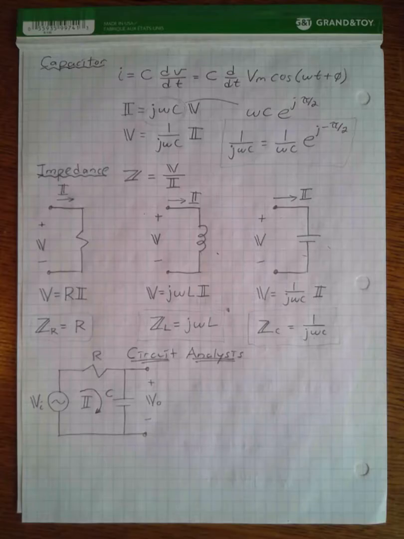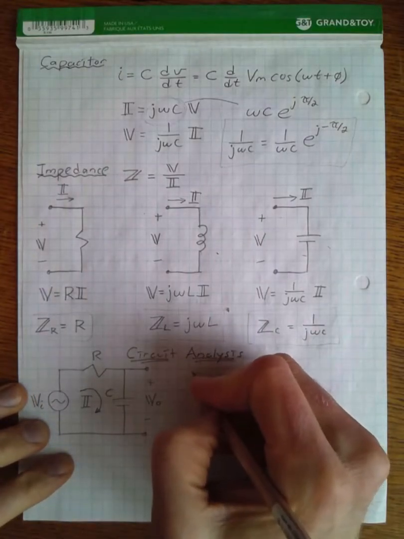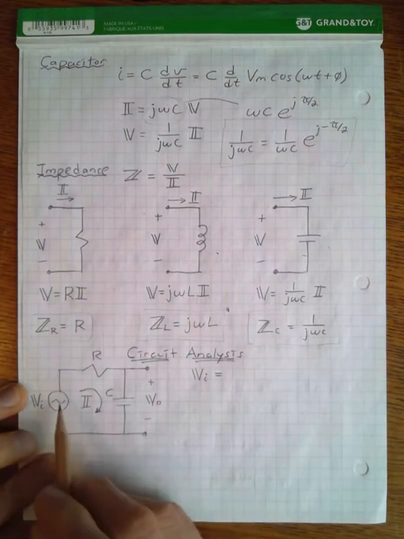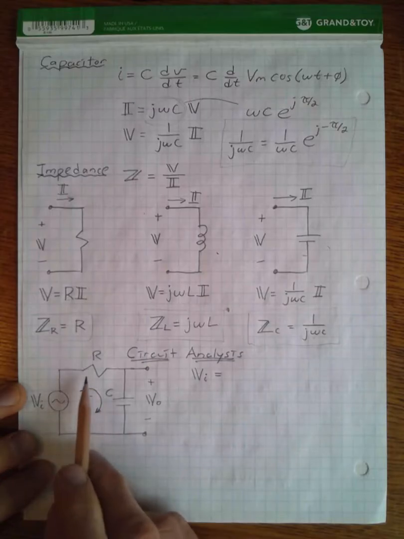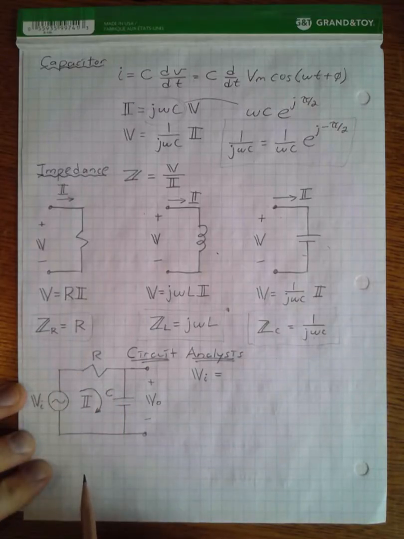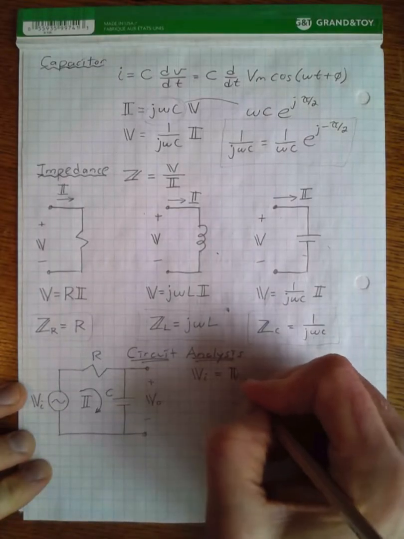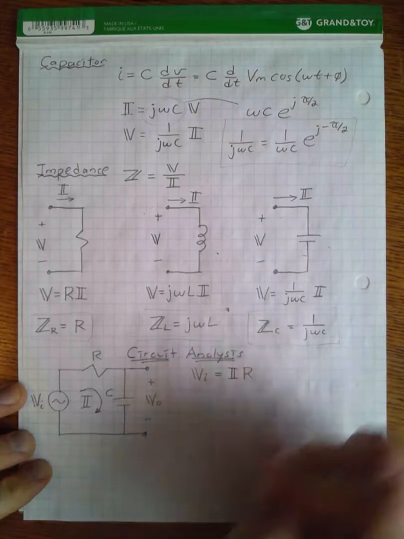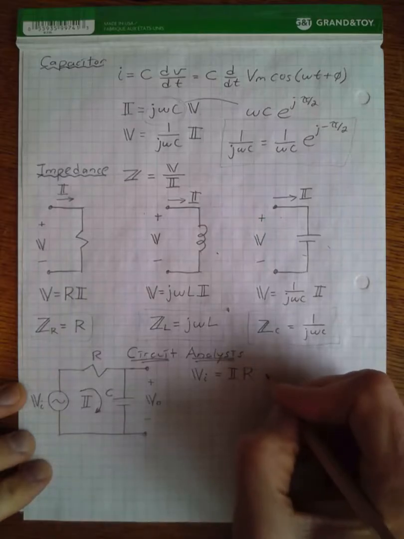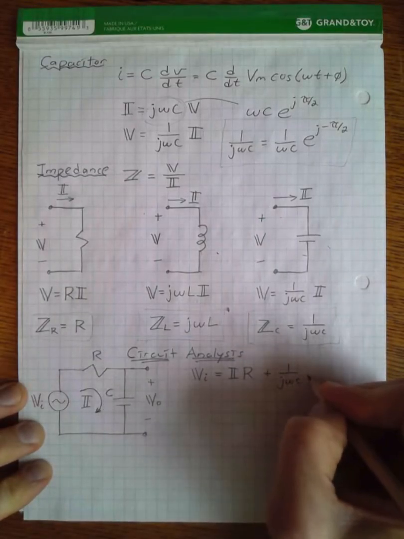And so I'm going to use Kirchhoff's voltage law to say that the voltage applied to the circuit is equal to the voltage drop across the resistor plus the voltage drop across the capacitor. And the voltage drop across the resistor is equal to the current phasor times R. The voltage drop across the capacitor is equal to 1 over j omega C times the current.